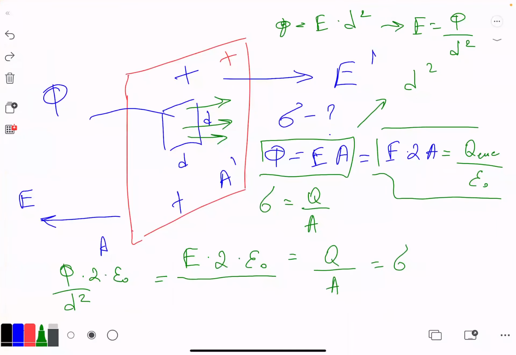So what we have is an aluminum sphere, correct? Now it's metallic.